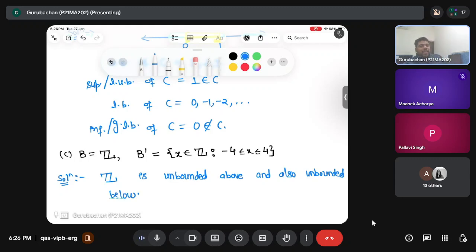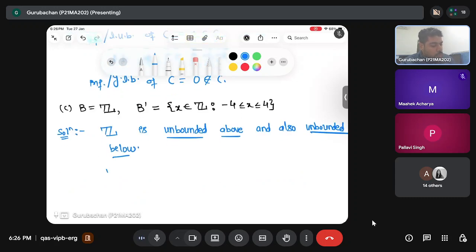Why? If you guess any number, for example, you say Z is bounded above by 2, then one can give you the number 3. So 3 will be the upper bound again. Again, if you say 100, then there exists a number 101. So you cannot decide any upper bound of this Z. Thus, it is unbounded above and also unbounded below.